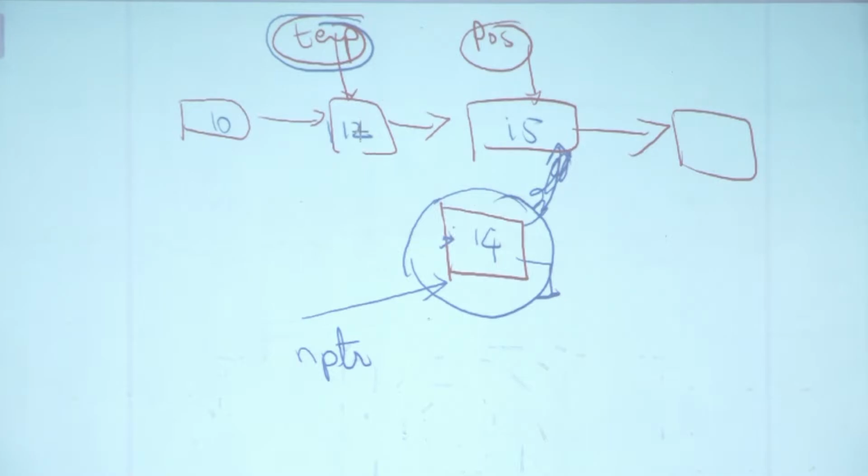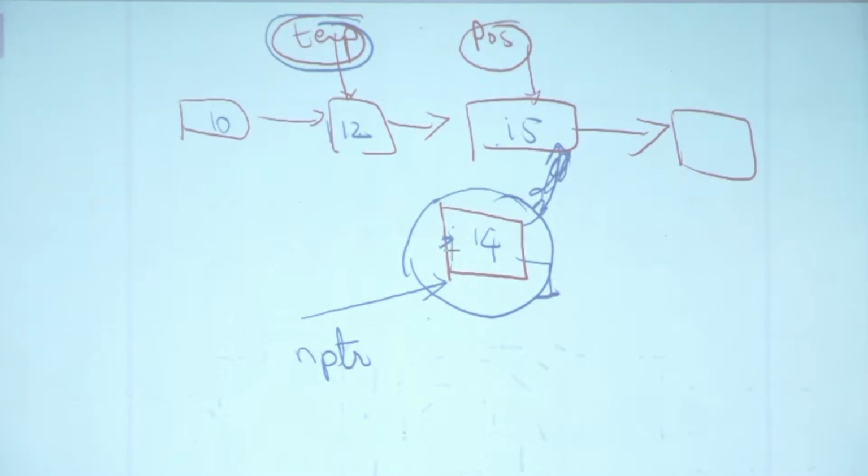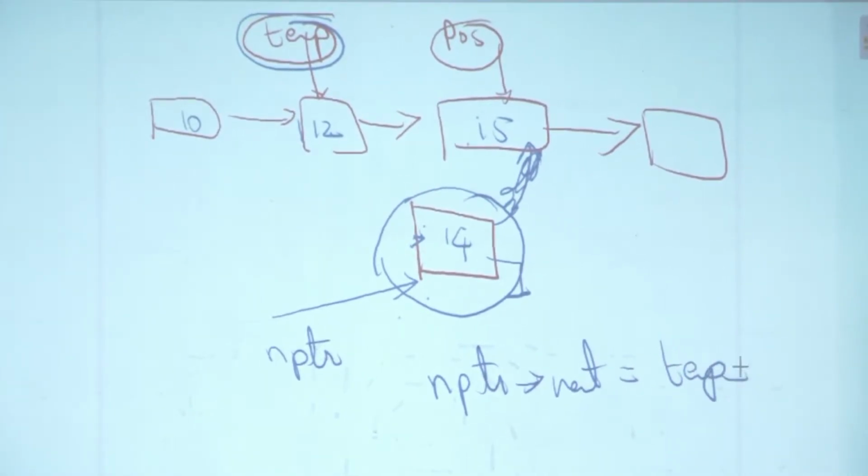It is going to be temp's next. Does everyone agree? What is currently temp's next should become nptr's next, because nptr is going to come into the picture in between. That is one line of code. So let's write it. nptr's next should become temp's next. You should assign temp next to nptr next.